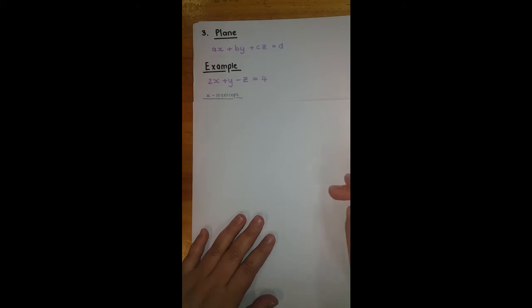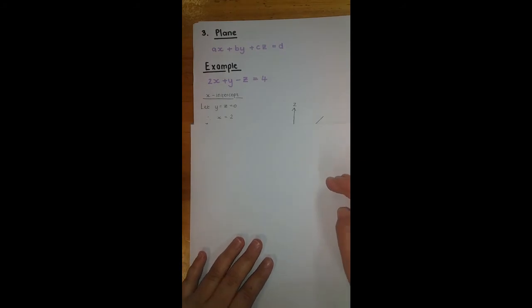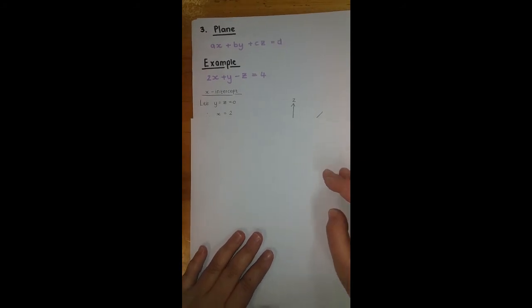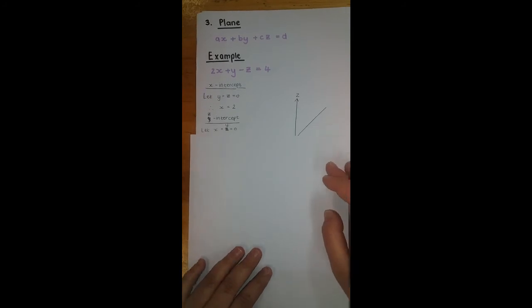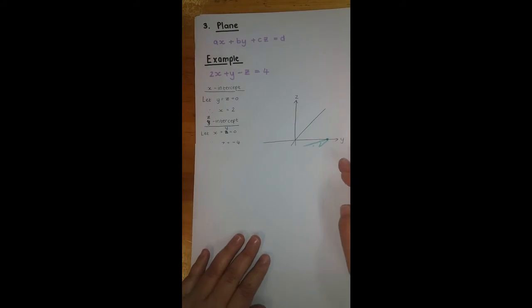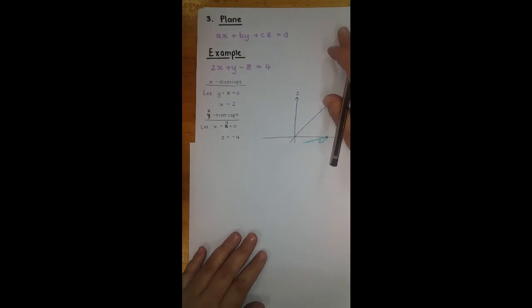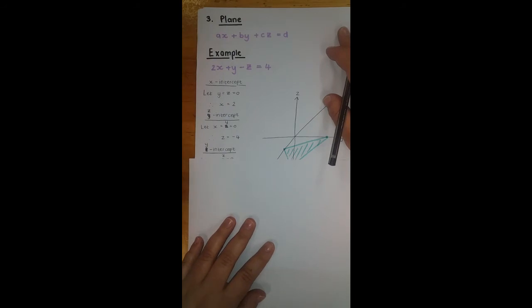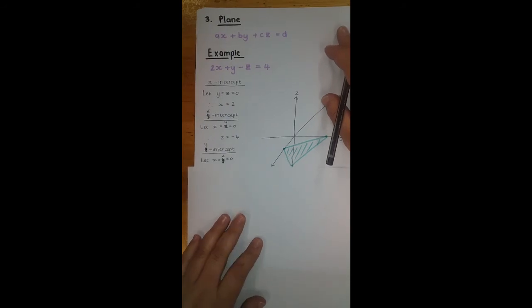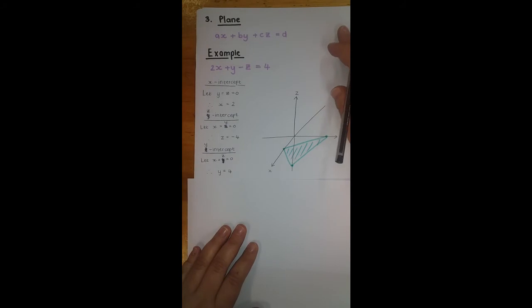To get your x-intercept, you say y and z is equal to 0, and then you'll find that the x-intercept is at 2. To find your z-intercept, you say x and y is equal to 0, and you'll find that the z-intercept is at negative 4. And then for your y-intercept, you say x and z is equal to 0, and then you'll find that y is equal to 4.